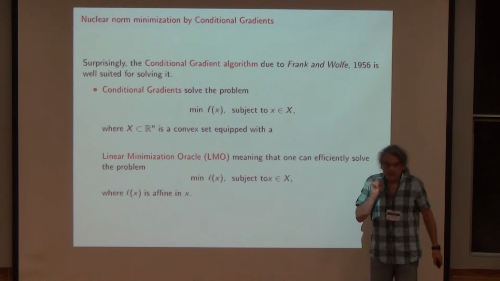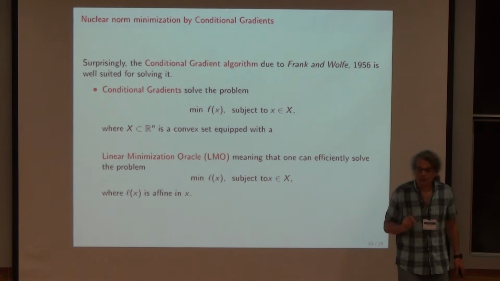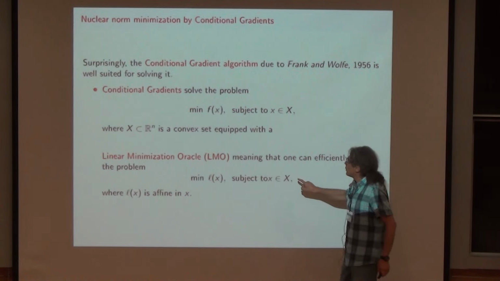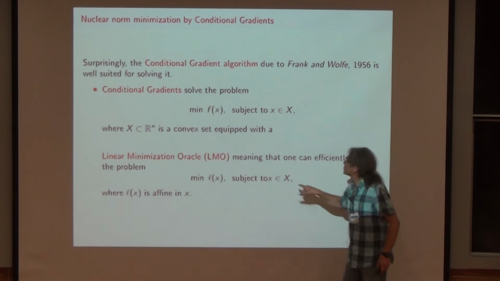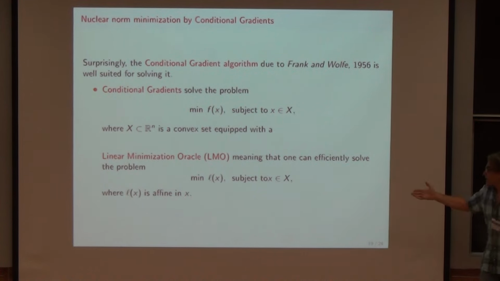To implement this algorithm, you don't need to know how to project, but you need to know how to minimize a linear function on your convex set, which is simpler than projection on the set. Projection on the set is a quadratic problem, and minimizing a linear function on the set is just a linear problem on the set.